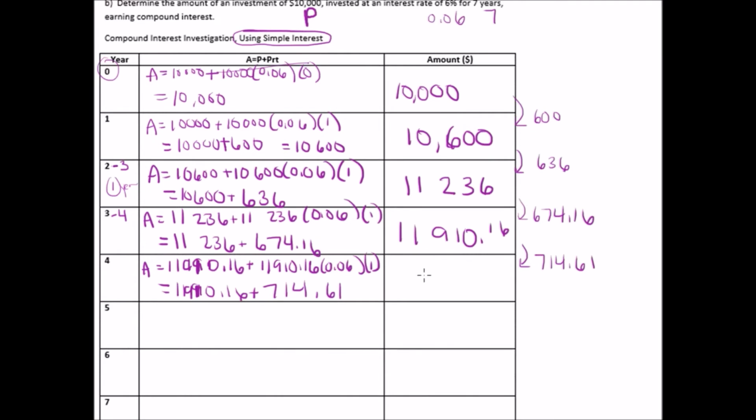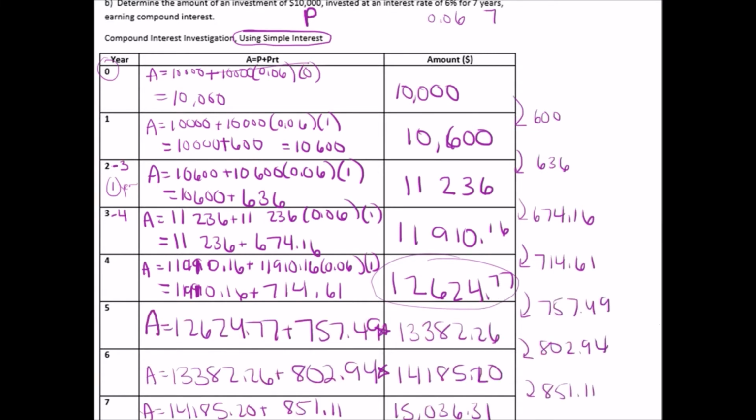And this is going to be 12,624.77. Okay, I'm going to fill in the other 3. Go ahead and try this by yourselves, and I'll fill in this amount. So what we're taking is we're taking this amount here and using it as the new principal.